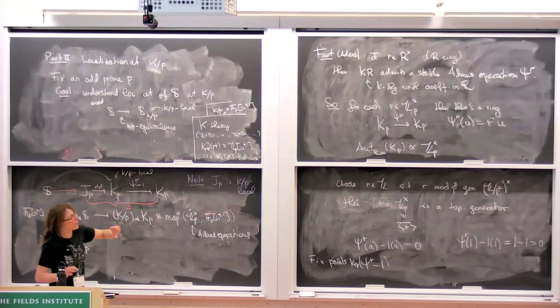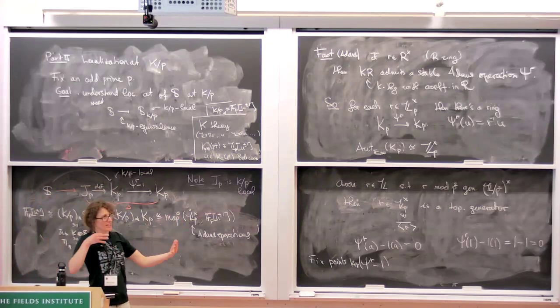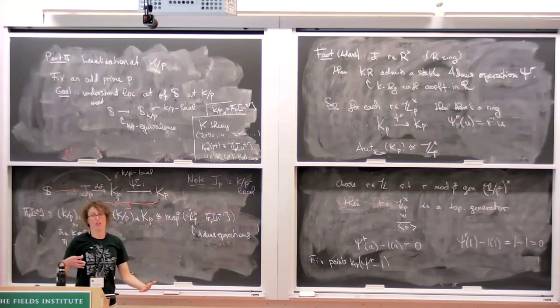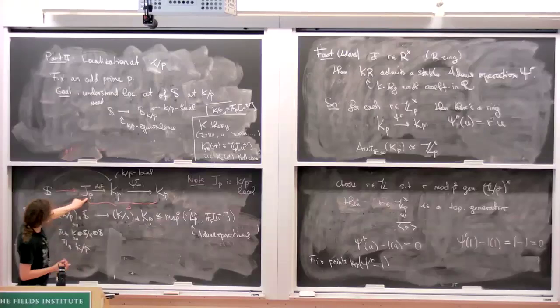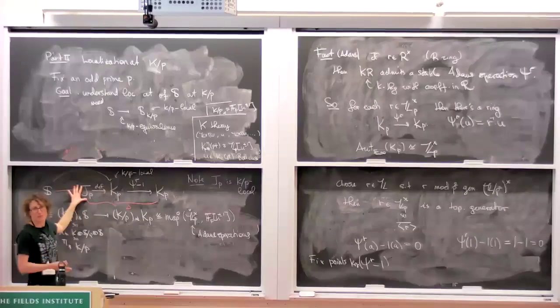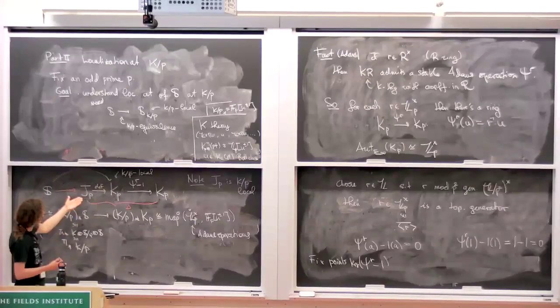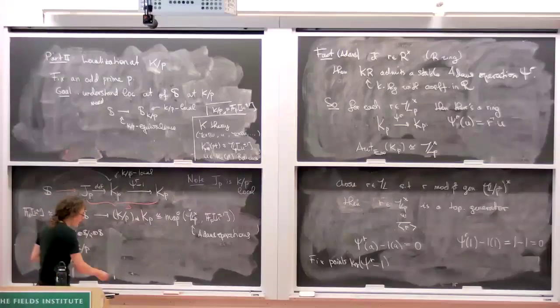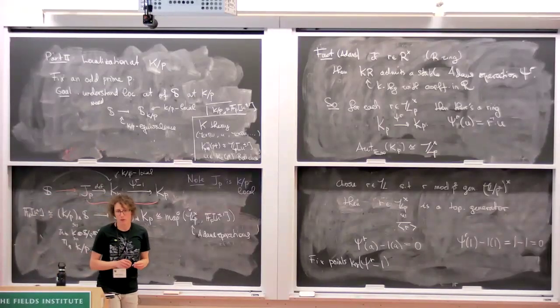So remember, localization is like the initial map to a local thing, right? So if that's local and I factor my map from the sphere, I had a map to a local thing and it factors through another local thing, this couldn't have been the localization. Now this is the best guess, okay? So now we're asking, is this the localization? And the theorem is that this is the K mod P localization.